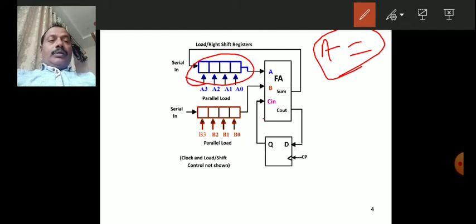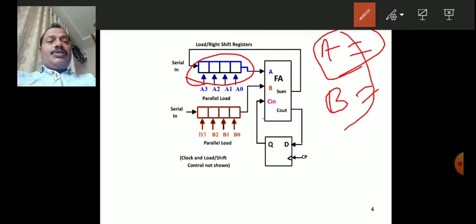Initially, data B is loaded in parallel into the register, and data A is loaded into the register by parallel load. So both data items are available in the two registers, and these register outputs are connected to the respective A and B inputs of the full adder. For each clock input, one bit is shifted to the right, and those bits are available for the full adder to add.